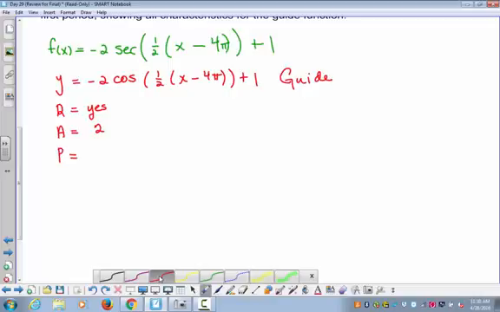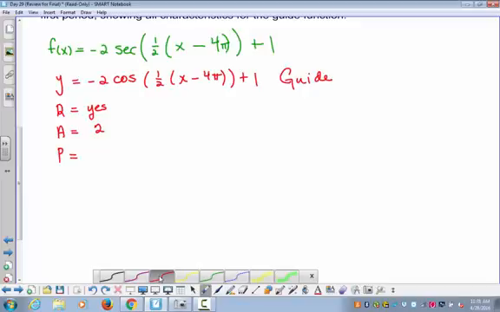Period. So we go to the basic period for cosine. And for sine and cosine both, that basic period is 2 pi. Right. That thing in there is a horizontal adjuster. That's a period adjuster. And since it's less than 1, it should be stretching the period.